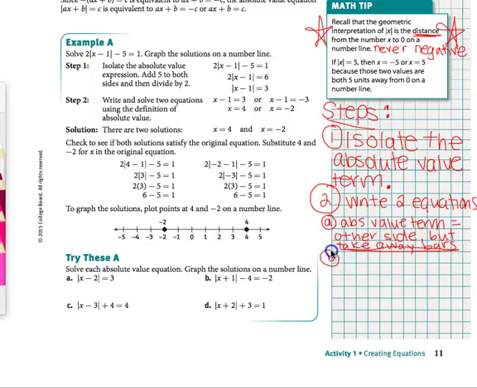The second equation is the expression that was in the bars. Again, it's not going to be absolute value any more.